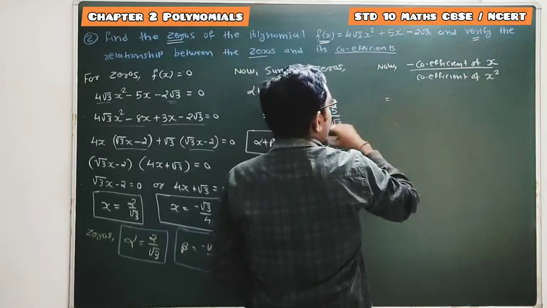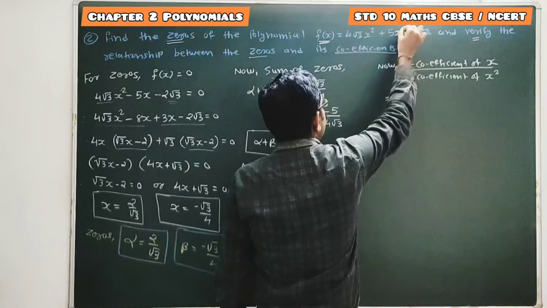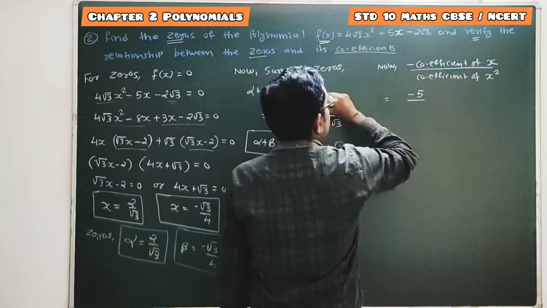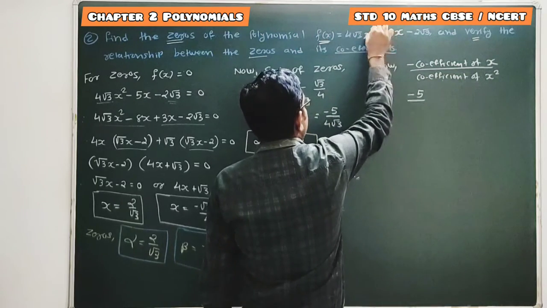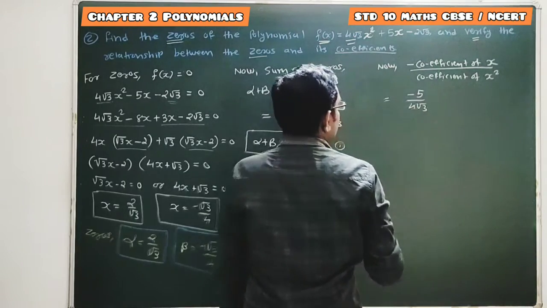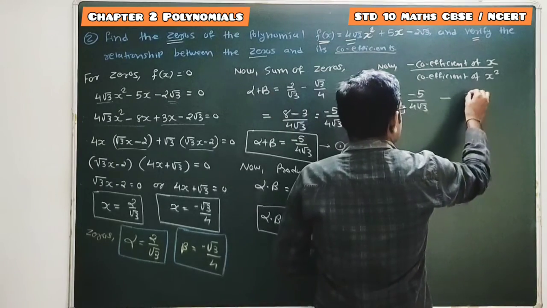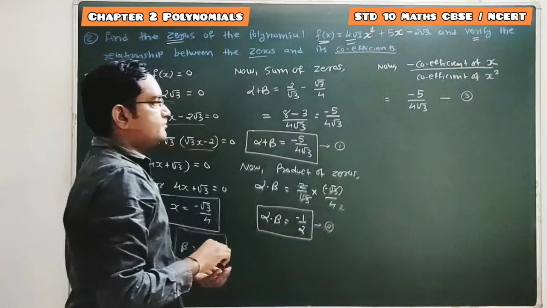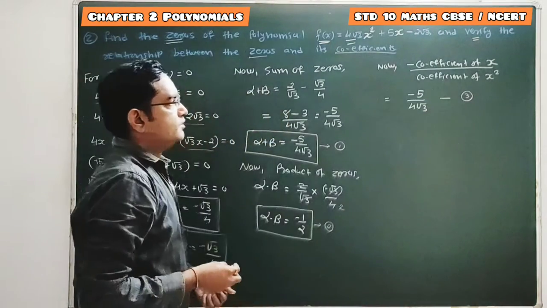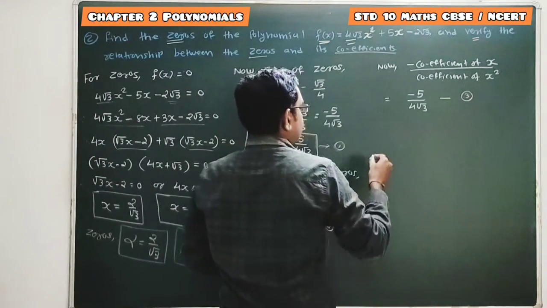So here the coefficient of x is 5, so it is minus 5 upon the coefficient of x square. This is our x square term, so the coefficient is 4 root 3. Let's call this result number 3. So can we say the sum of zeros is equal to minus coefficient of x upon coefficient of x square? Yes. So now this relation is verified.